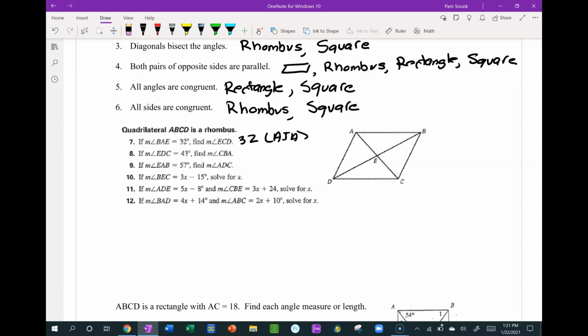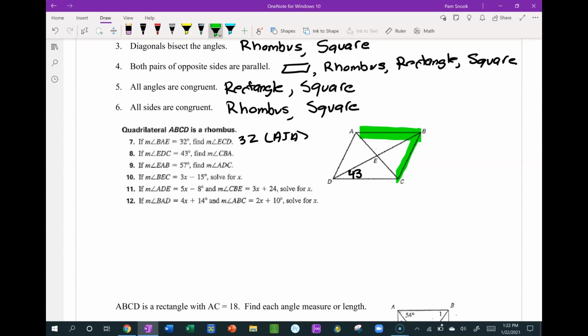Okay. Now we're going to say, what if measure of EDC, so EDC is 43. Find the measure of CBA. So CBA is that big one that I just highlighted.